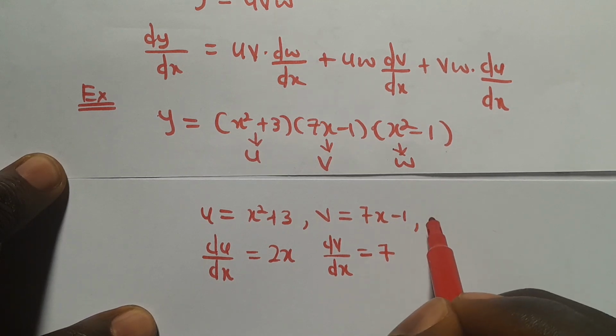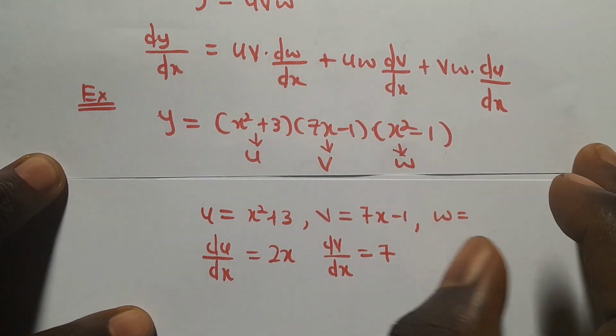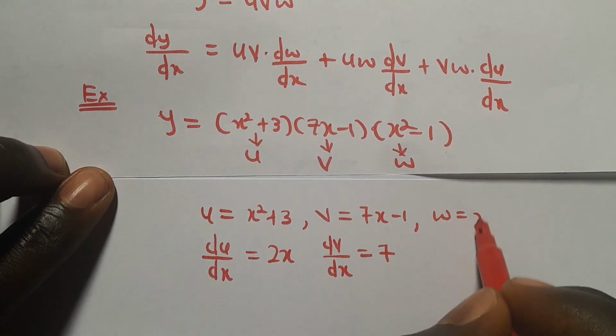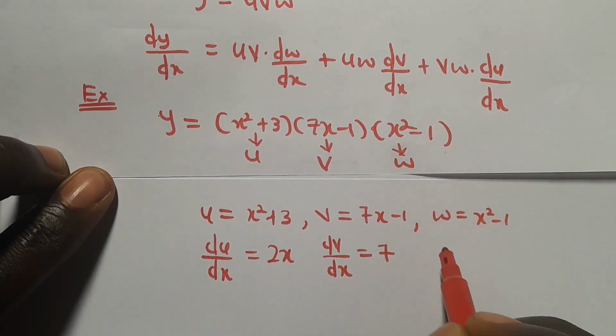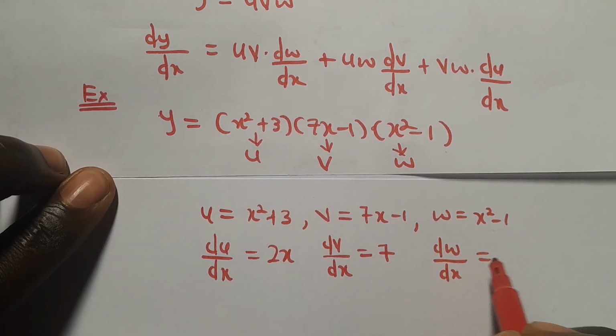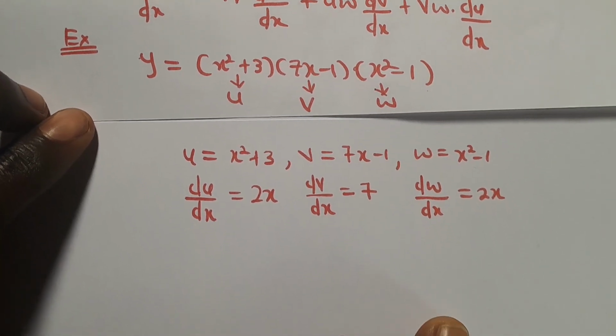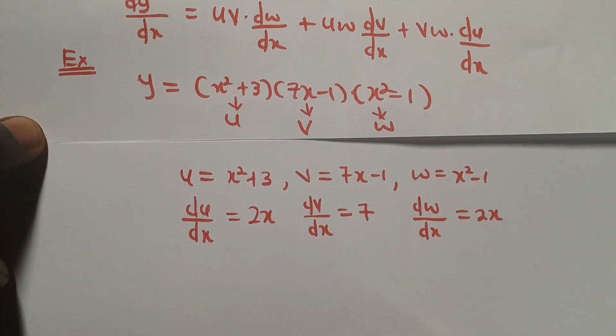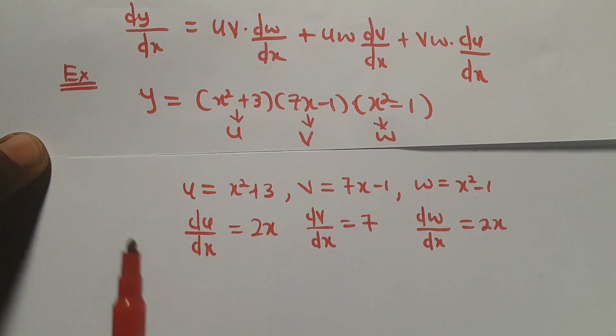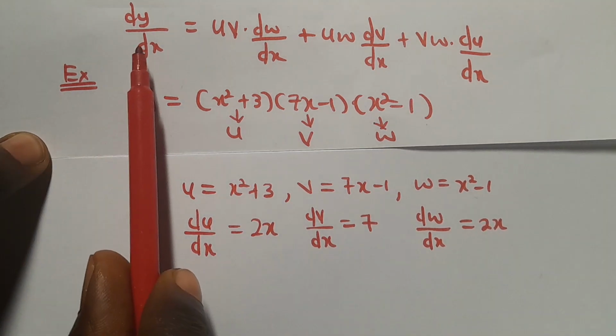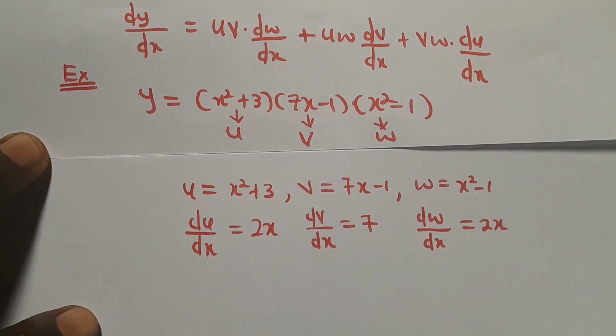So we have w equals x squared minus 1. Differentiating the function w with respect to x, dw/dx will be 2x. Now let's substitute all this in the given expression above.